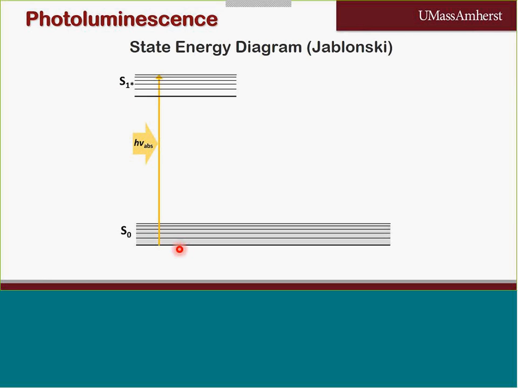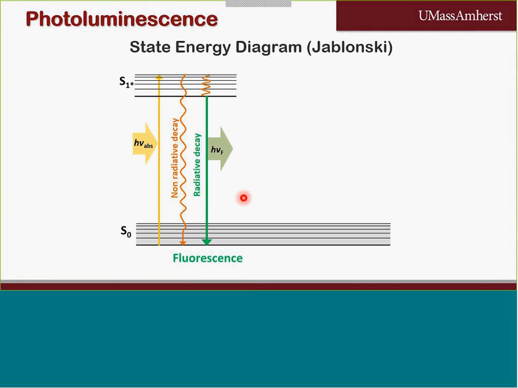One that involves no emission, which is most of the time related to motion, and another one that implies the emission of a photon, a radiative pathway that results in fluorescence.